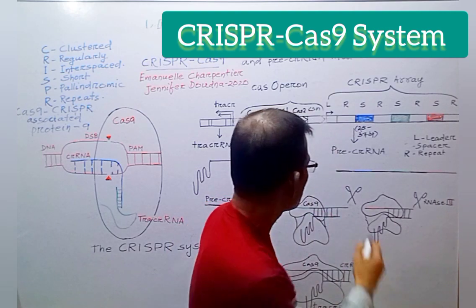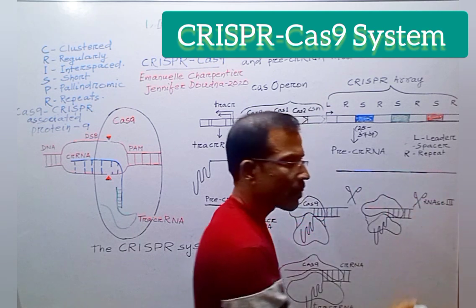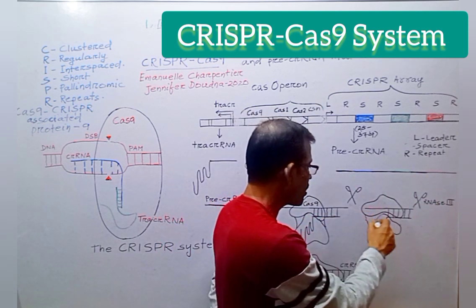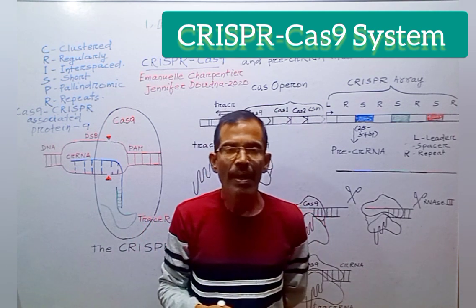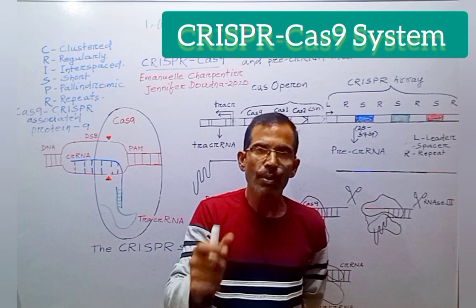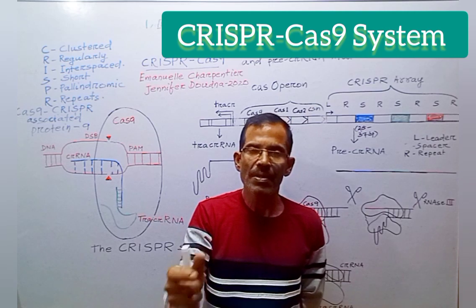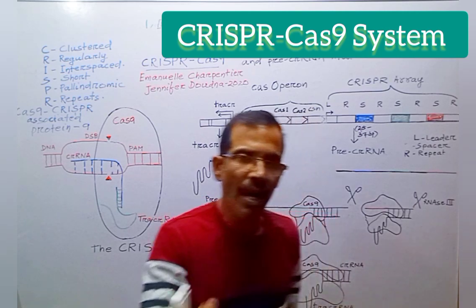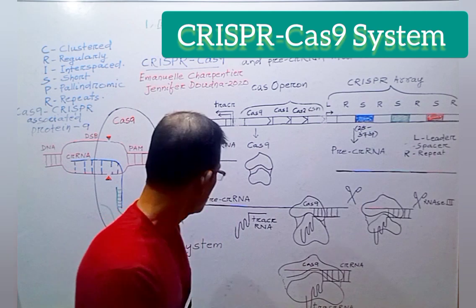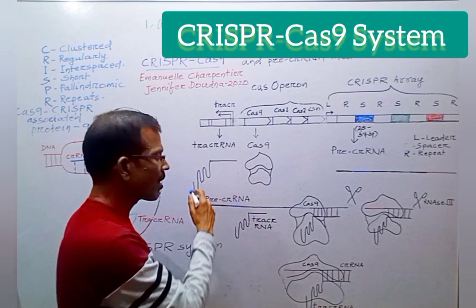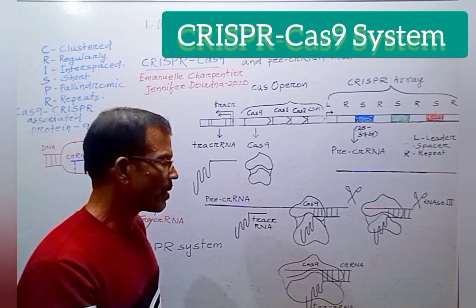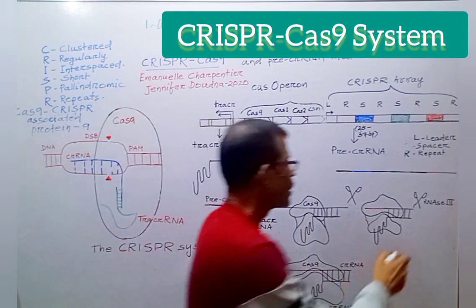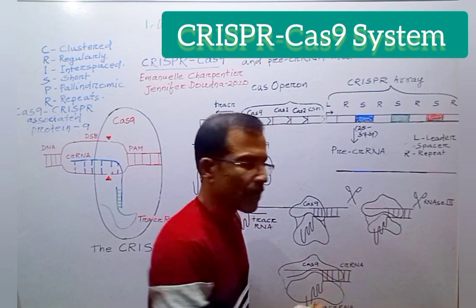Instead, the primary CRISPR transcript is cleaved by ribonuclease 3 to form the CRISPR RNA. Functional type 2 CRISPR-Cas system requires an additional RNA known as transactivating RNA, which is complementary to the repeat sequence present in the primary CRISPR transcript.